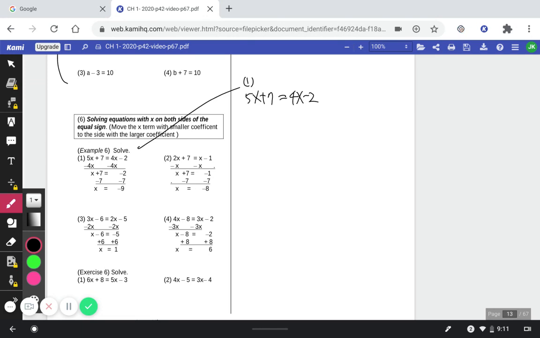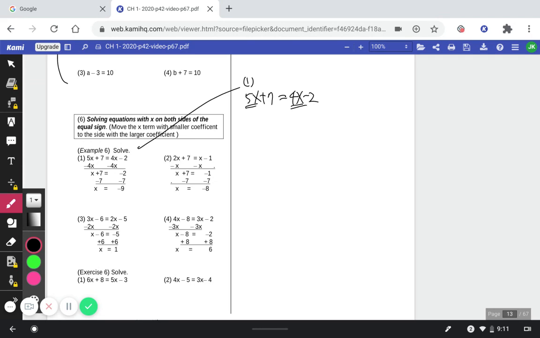Well, you're supposed to have x on the left side alone, only. But when you have x on both sides, the general rule is you remove the smaller x first. So in this case, you have a 5x and 4x.